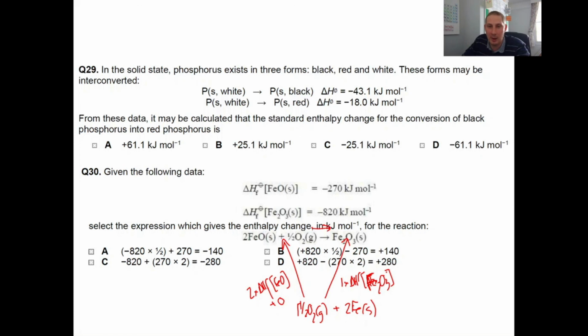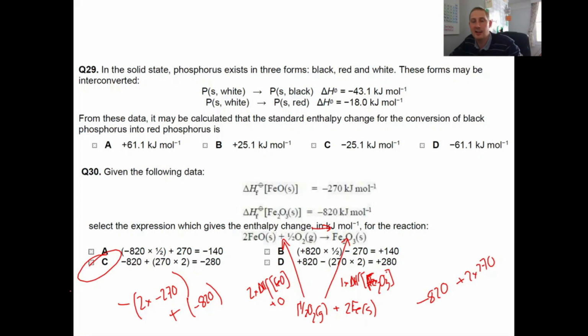And to go from there to there, we go against that arrow. So that would be minus 2 times minus 270. And then we would go with this arrow, so plus minus 820 to go there. So the answer would hopefully be something in the order of minus 820 minus minus plus 2 times 270, and that matches C there.